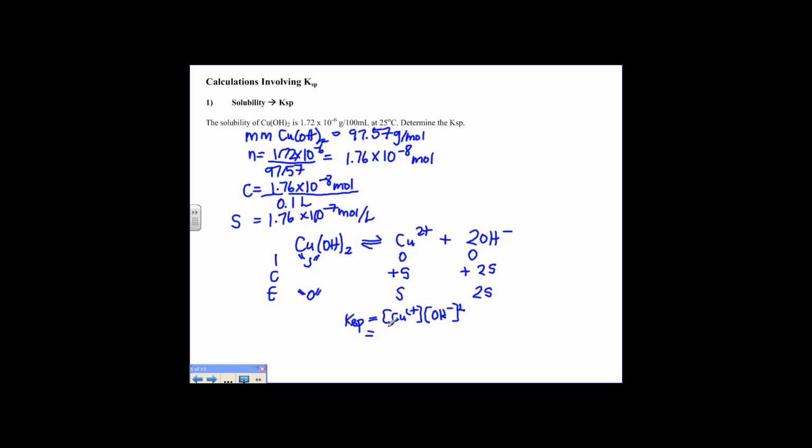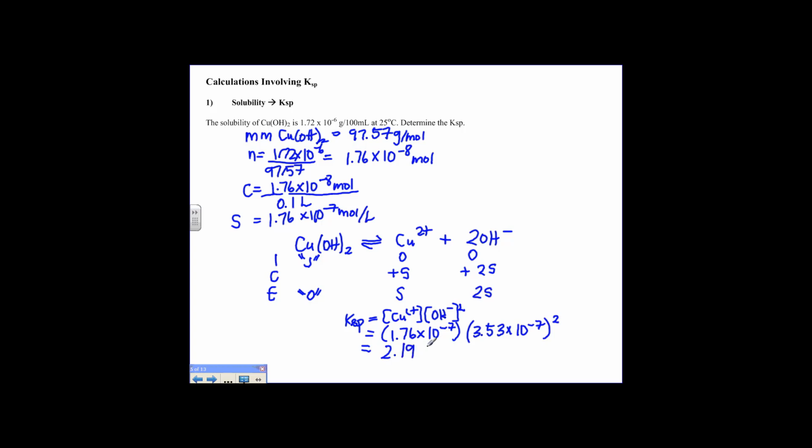So we know what the concentration of the copper ions is, 1.76 times 10 to the negative 7. And the concentration of the hydroxide here is 2 times S, so it's 1.53 times 10 to the negative 7. And we are squaring that because that's what we need to do based on the equilibrium expression.